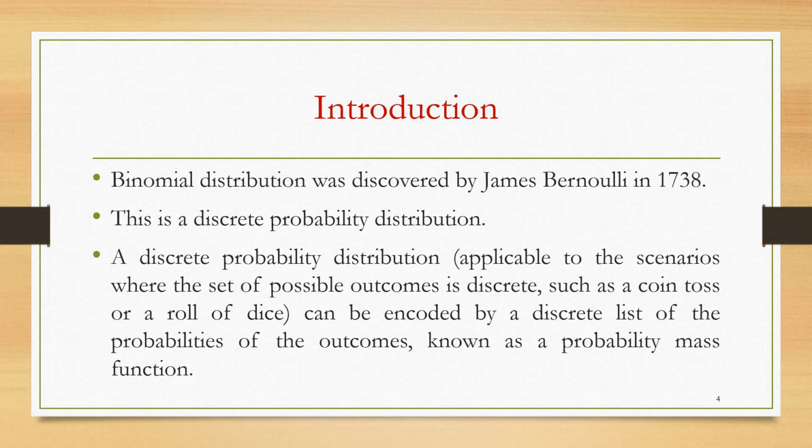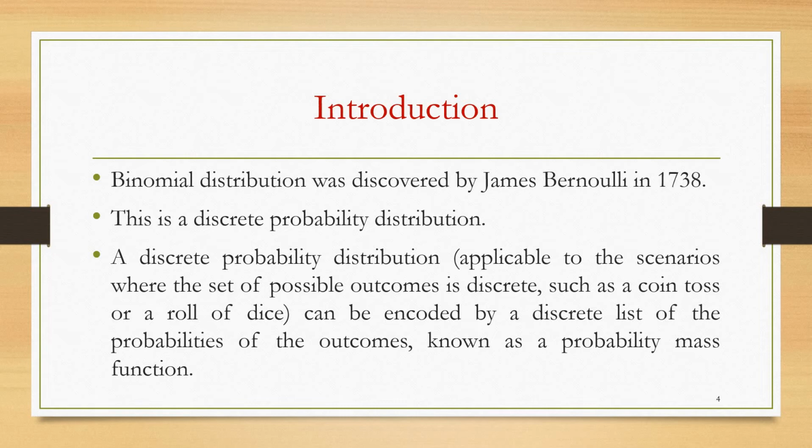We have studied discrete random variable, and what was that? We studied that a random variable, a real valued function defined on the sample space of random experiment, is a random variable, and when the random variable assumes only the whole number integer values, then it is a discrete random variable.